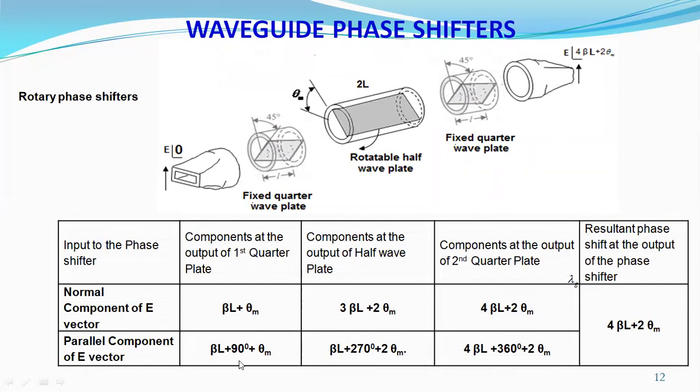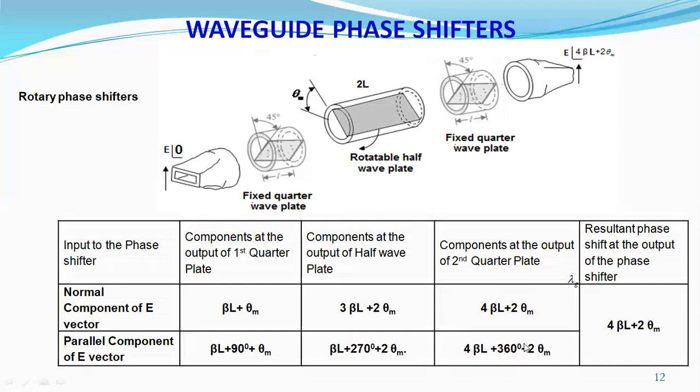In addition to this, 90 degrees is added. So beta L plus 90, and beta L plus 180 degrees. Why this is added: now you can observe here, it is normal to the E vector. So here 4 beta L plus 360 plus 2 theta m.